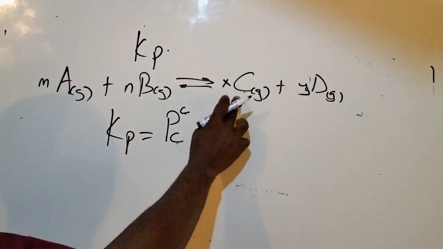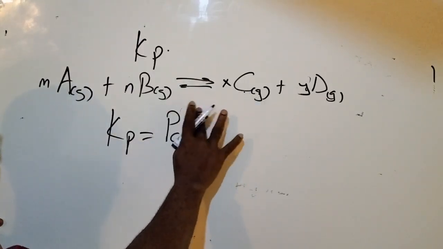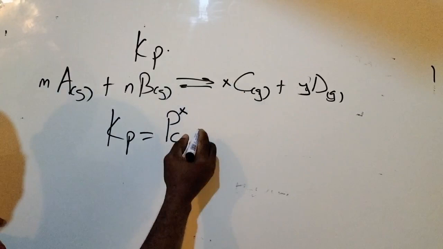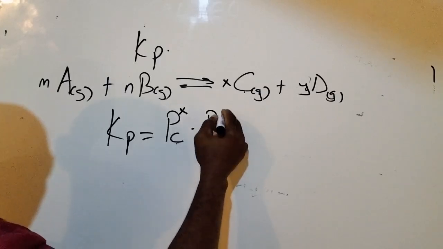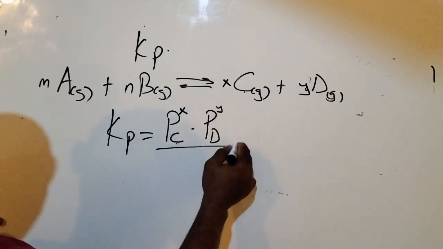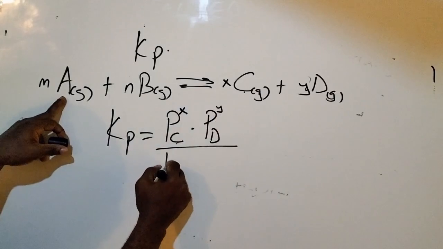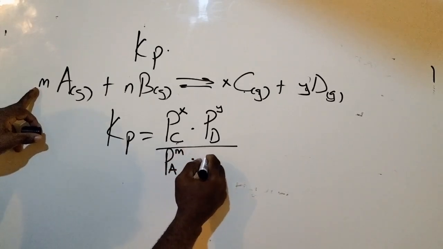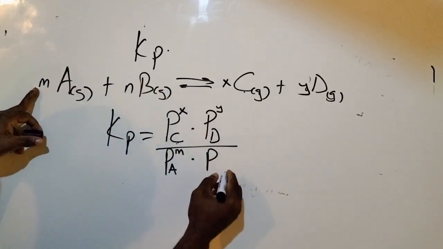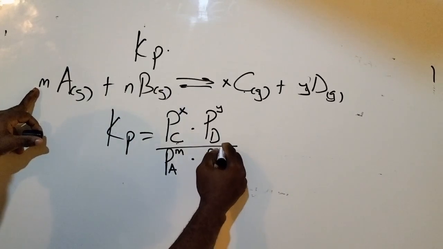So this is the partial pressure of the product raised to the power s, which is the number of moles, multiplied by the partial pressure of the other product, D, raised to the power y, all over the partial pressure of the reactant, Pa, raised to the number of moles m, multiplied by the partial pressure of the other reactant, B, raised to the power n.